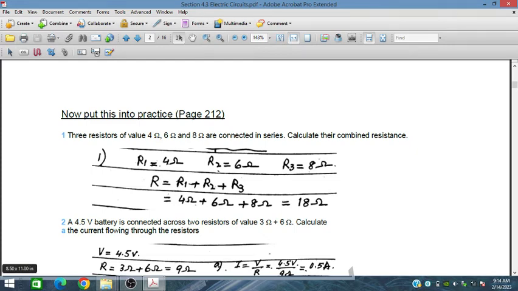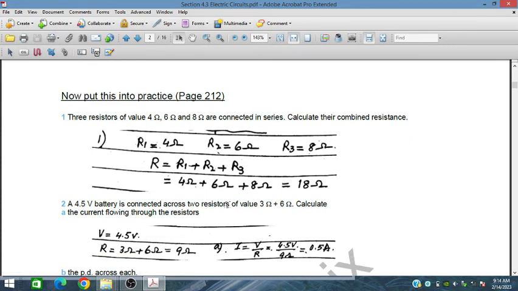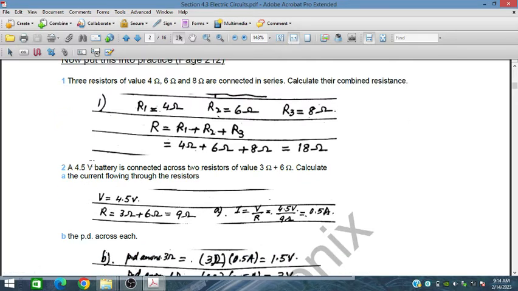A 4.5 volt battery is connected across two resistors of values 3 ohms and 6 ohms. Calculate the current flowing through the resistors. So the voltage source of the battery is 4.5 volt. Resistance is 3 ohms plus 6 ohms, equal to 9 ohms.